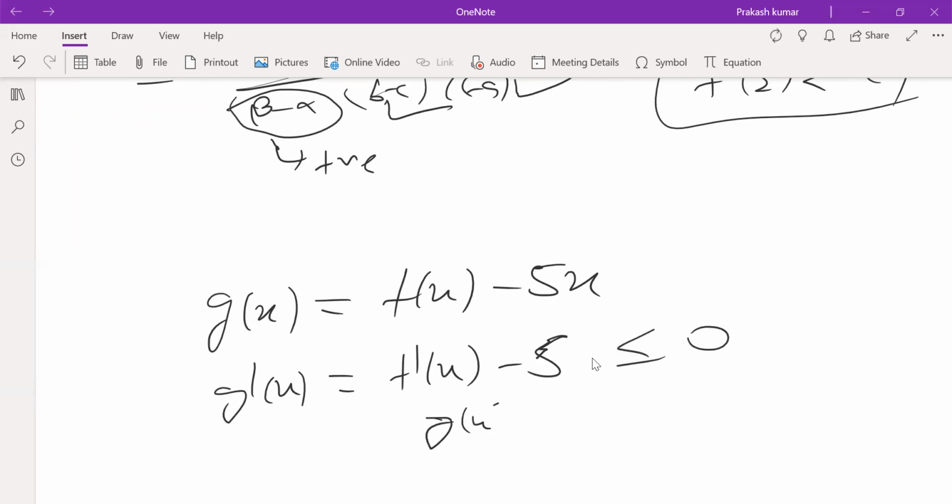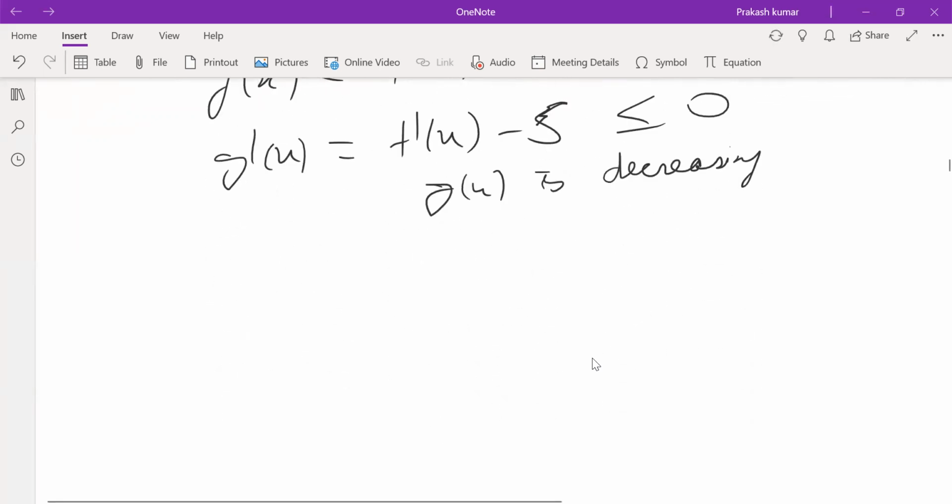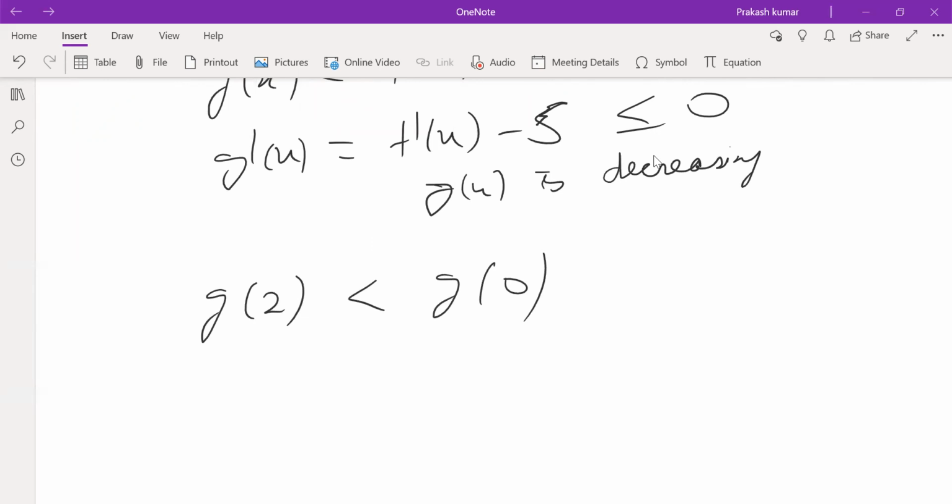Therefore, g(x) is a decreasing function, right? So if g(x) is decreasing, it means that g of 2 will be less than or equal to g of 0, because this is an inequality.